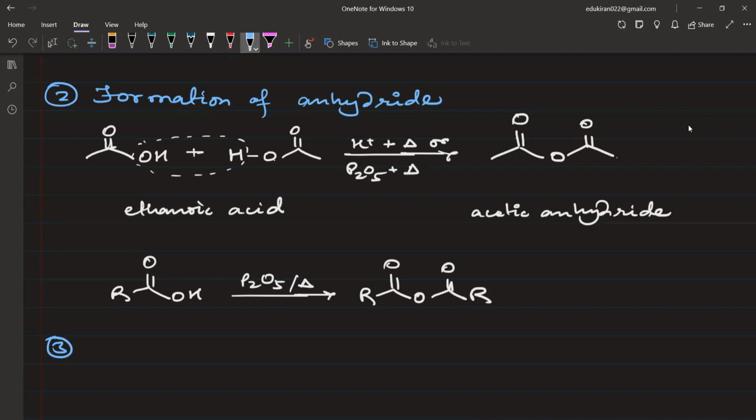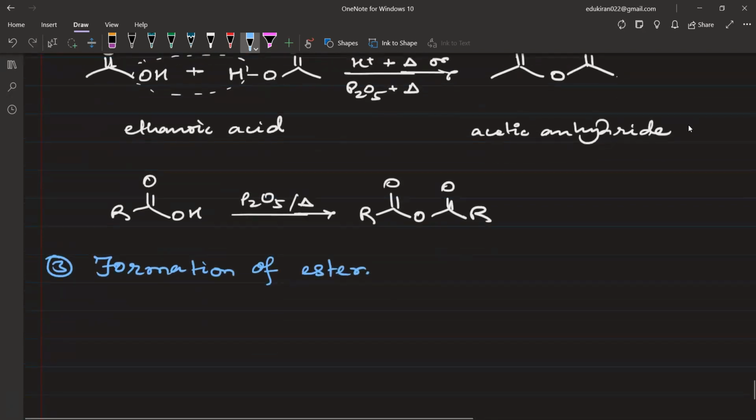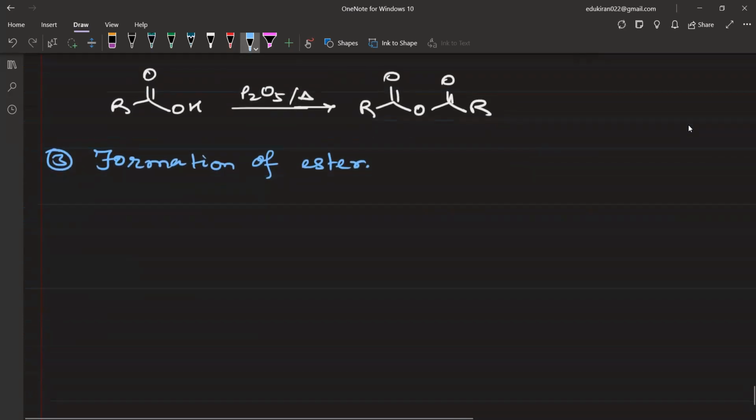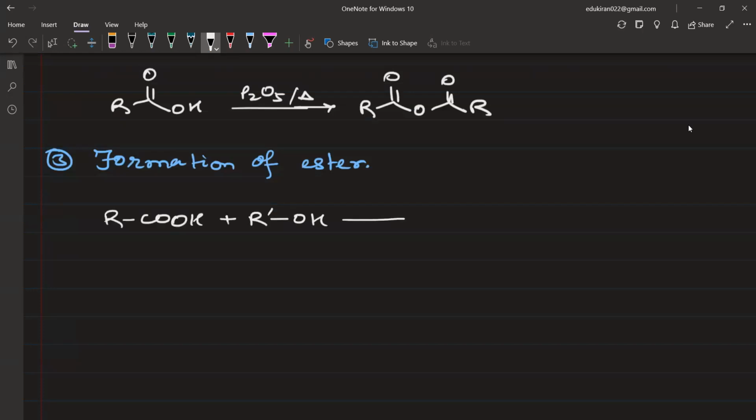And the third reaction, formation of ester. So this reaction you have seen in alcohol also. You have COOH plus R dash OH. It gives you ester in the presence of mineral acid.